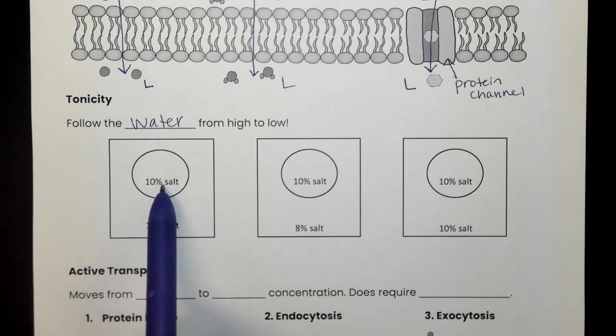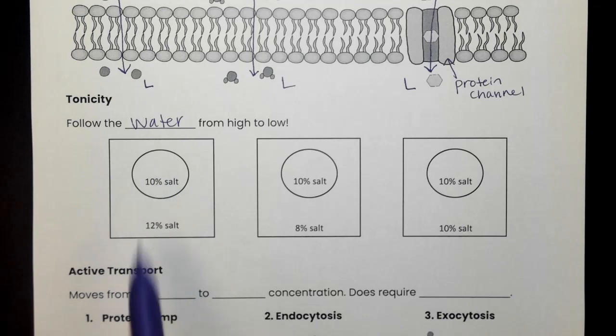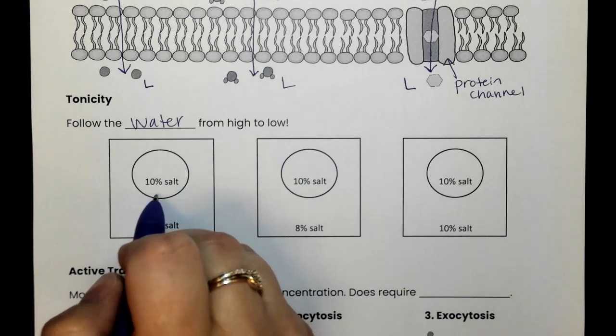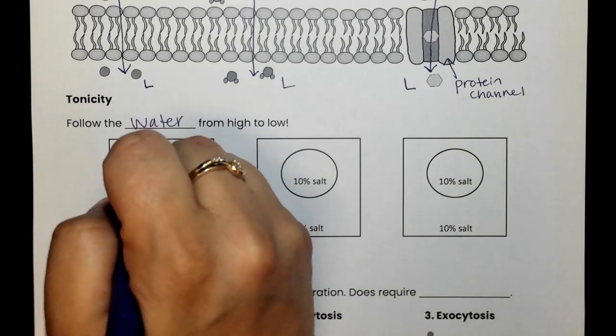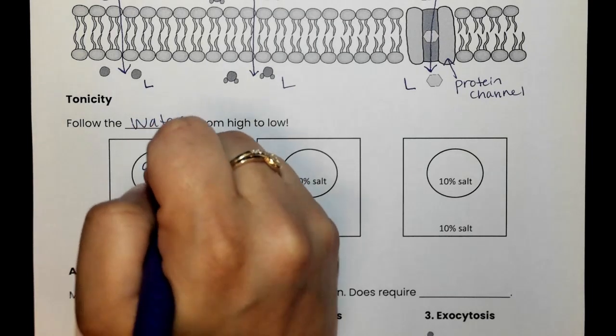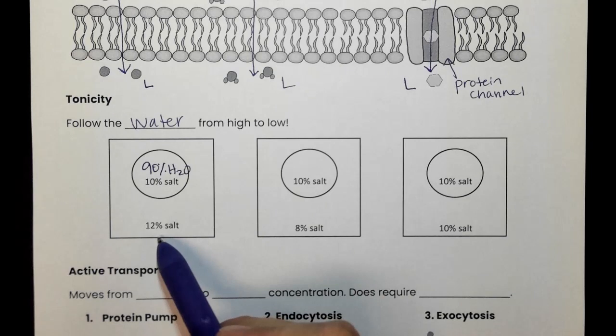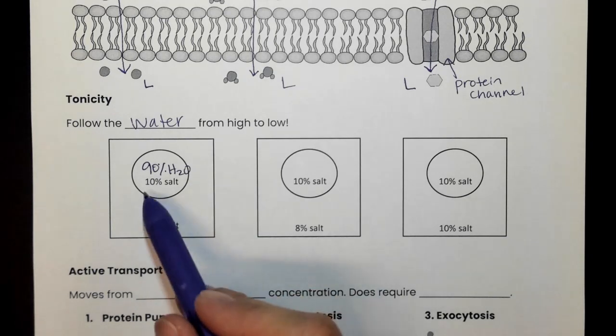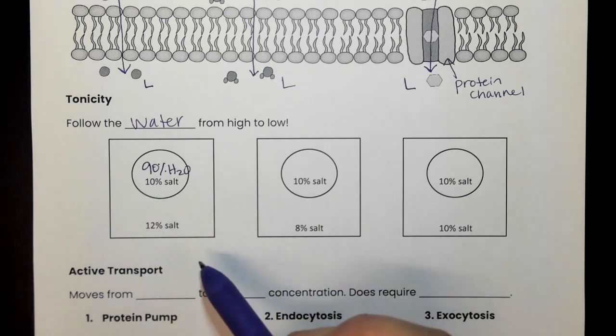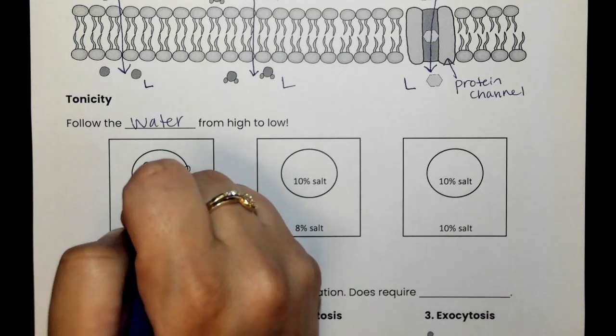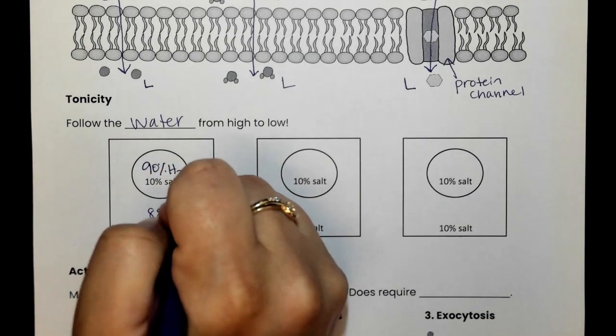So whatever number they give you, you just subtract it from 100 to get your other percentage. So if I have 10% salt, that means I'm going to have 90% water. And then outside of the cell, I have a different solution that has 12% salt, which means I'm going to have 88% water.